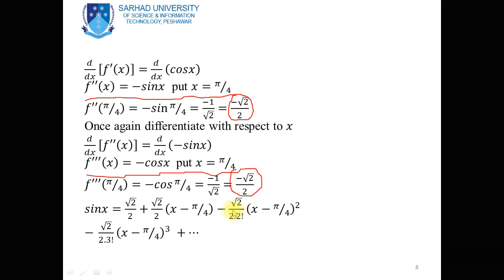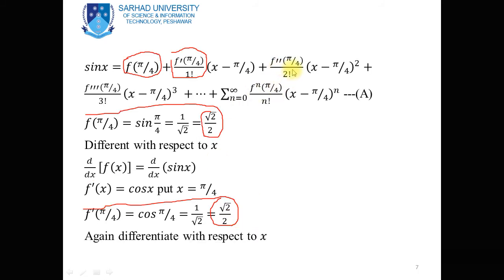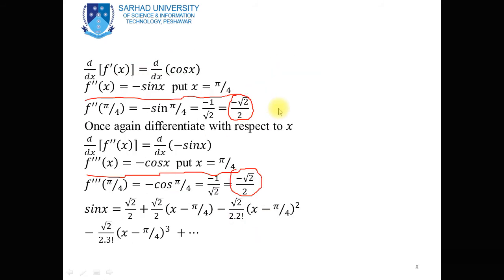And actually, dear students, this 2 factorial is given in the series, and the second order derivative value of the function at x equals pi by 4 is minus under root 2 divided by 2.